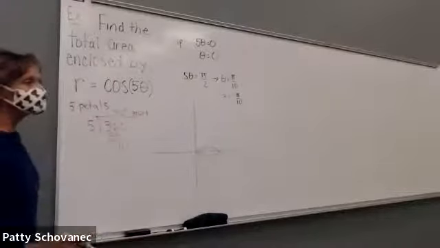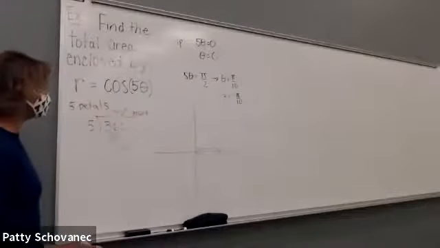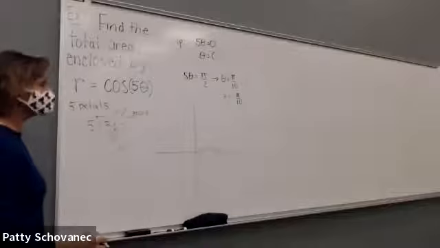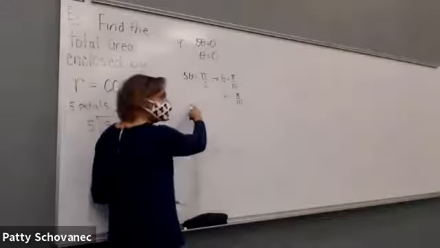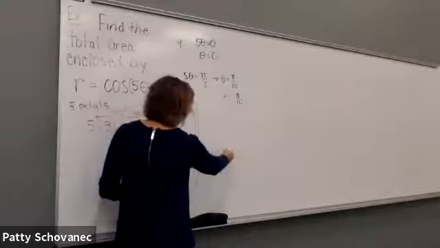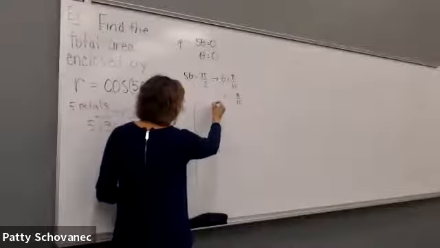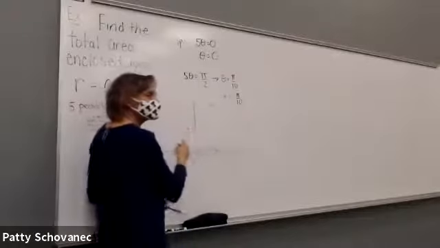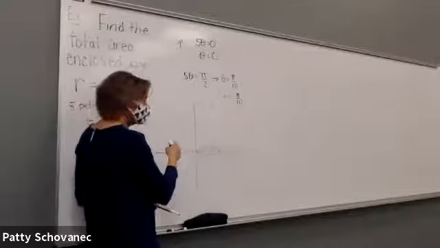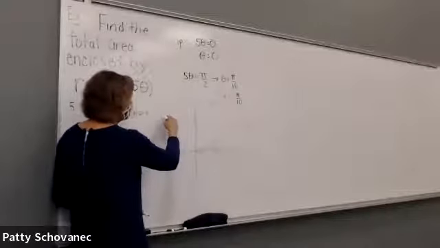Then I find 72 degrees. About how big is 72 degrees? I need 5 equally spaced petals, every one of them 72 degrees apart. Pi halves is 90 degrees, so 72 degrees is about right here. I'm gonna have another petal up here, and then add 72 degrees to that, and I get 144. This is 180, so 144 might be somewhere around here.